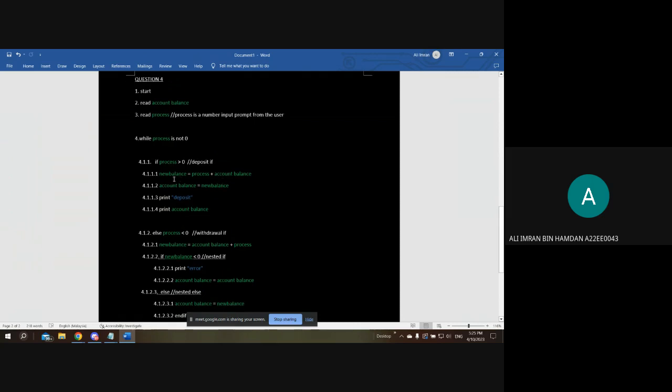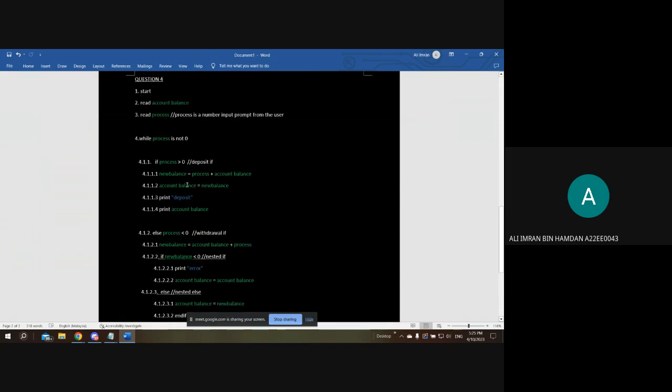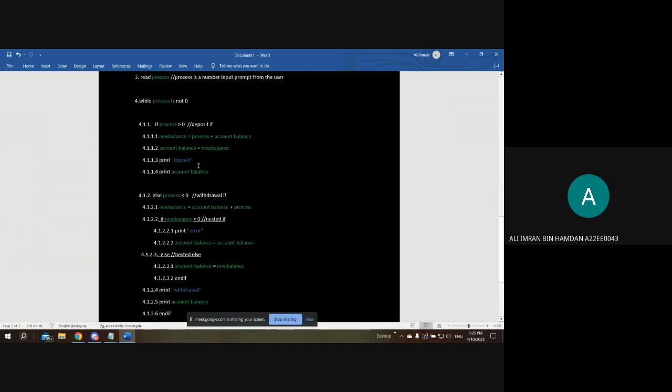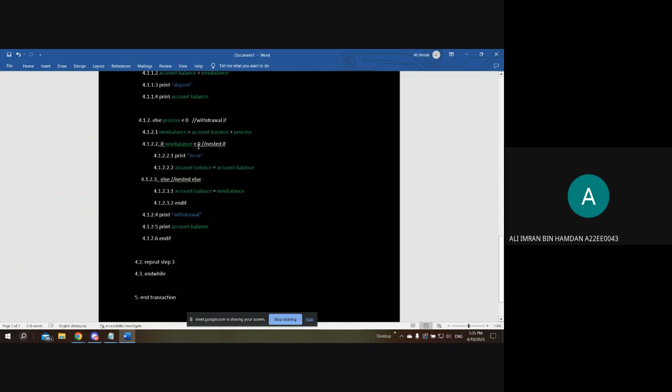So we get the new balance, and then we set the new balance as the account balance, basically replacing the value of the old account balance with the new balance. And then of course we print deposit and then print the account balance, just like the question asks. So the deposit part is quite simple.